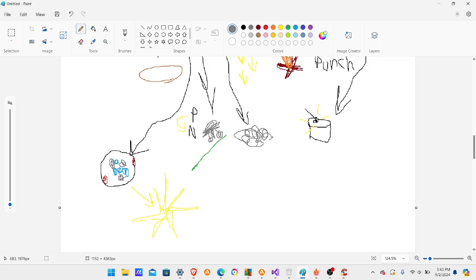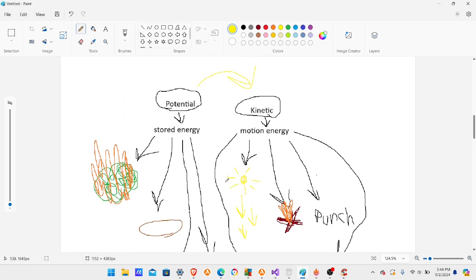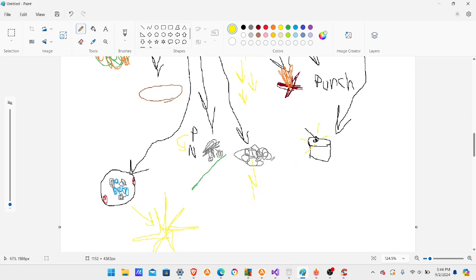Lightning would be a natural form of electrical energy. And lightning, if you heard in the last video, is just electrons moving from atom to atom. So we have all the forms of motion energy here.